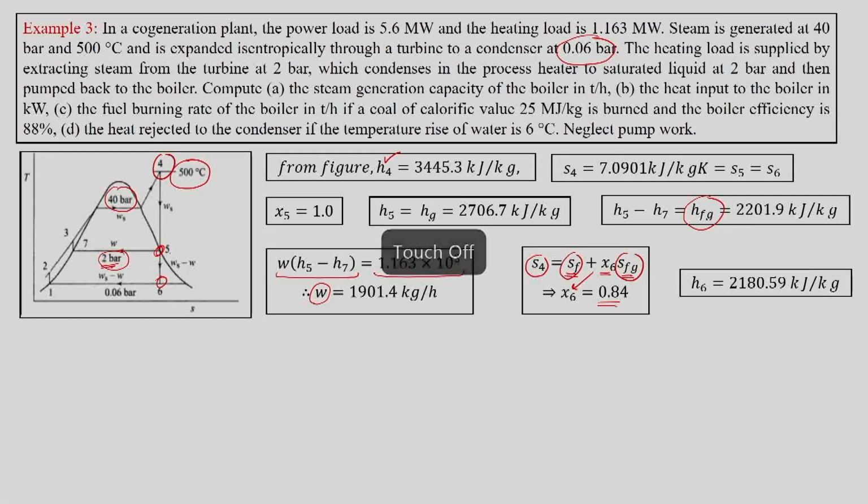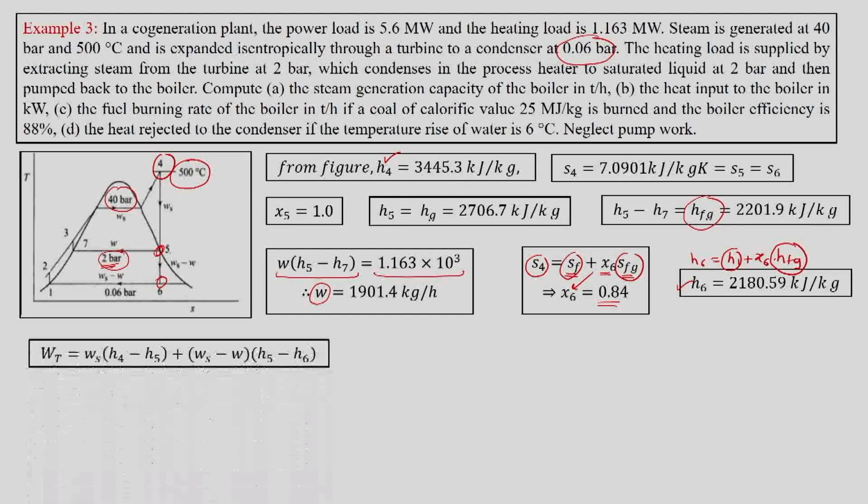We can use this to find out H6, since H6 is equal to H1 plus X6 into HFG, and this H1 is at 0.06 bar liquid saturation enthalpy, HFG is at 0.06 bar the change in enthalpy for the phase conversion. Knowing this, we find out H6.